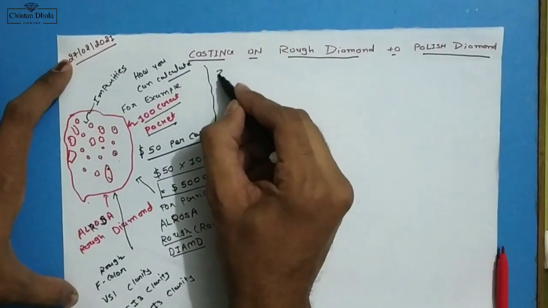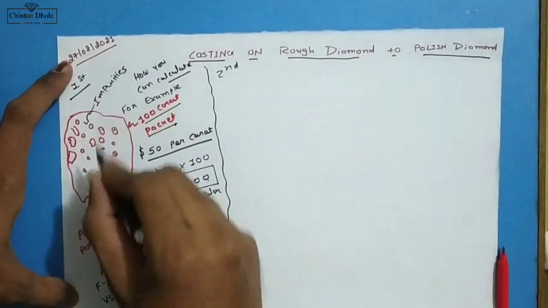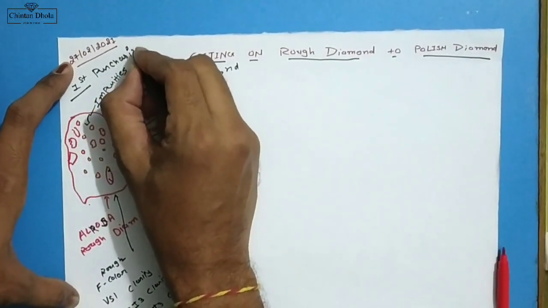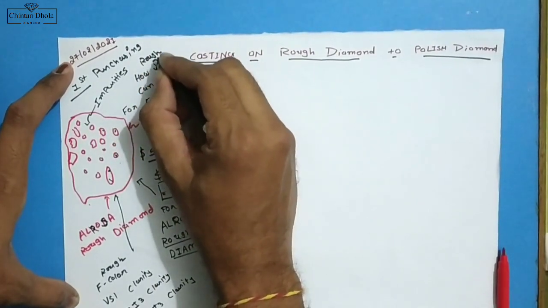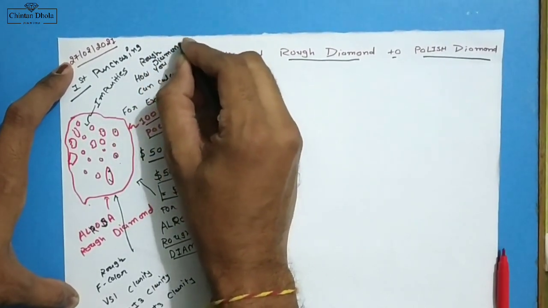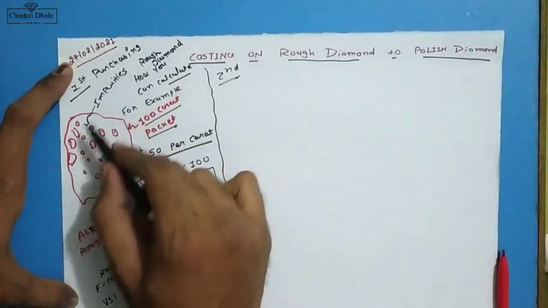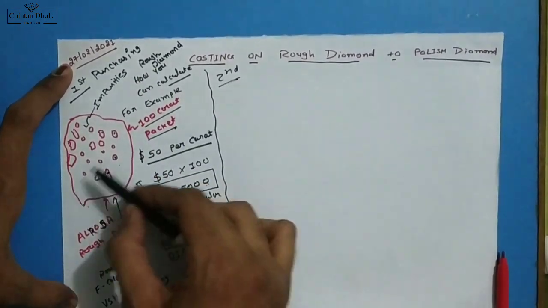After that, the second process. This is the first process, purchasing rough diamond. Before moving on to the second process, we have to have some discussion about this particular rough diamond.